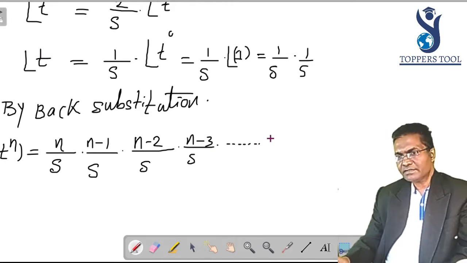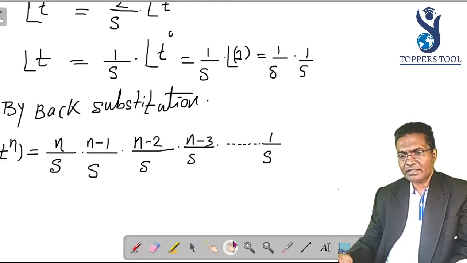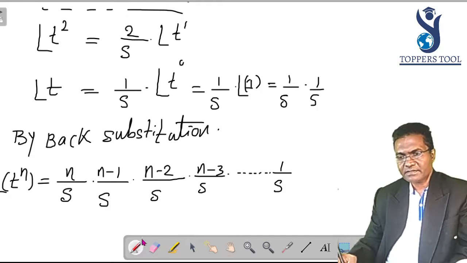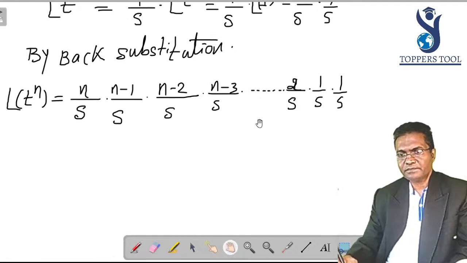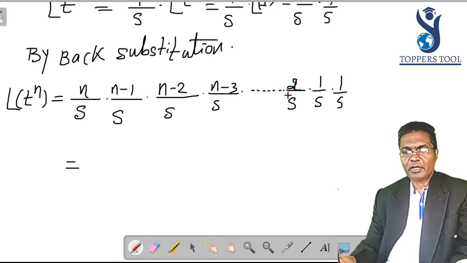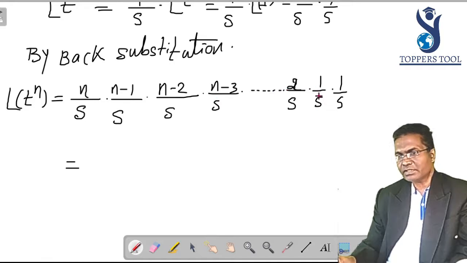So that is 1 by, look here, what we had, 2 by s into L of t. L of t is 1 by s into 1 by s. Like this you will get, and look at this. How many terms are there?